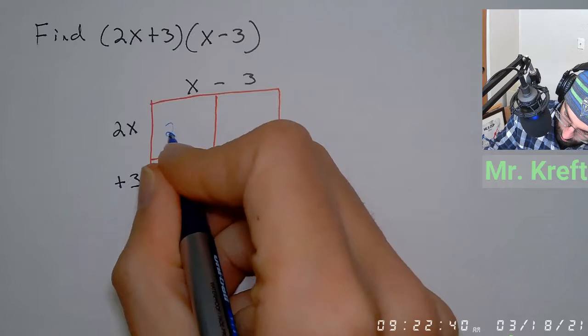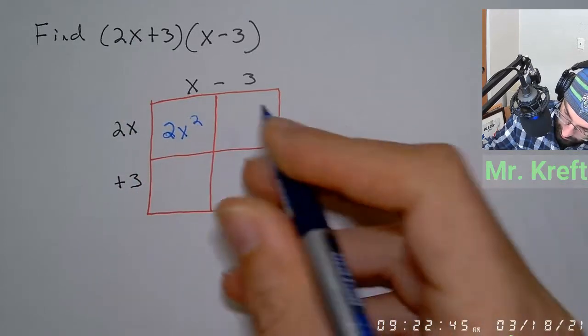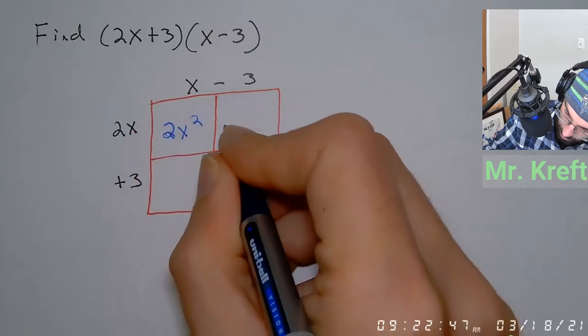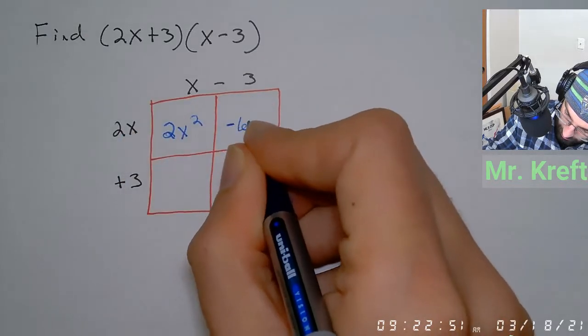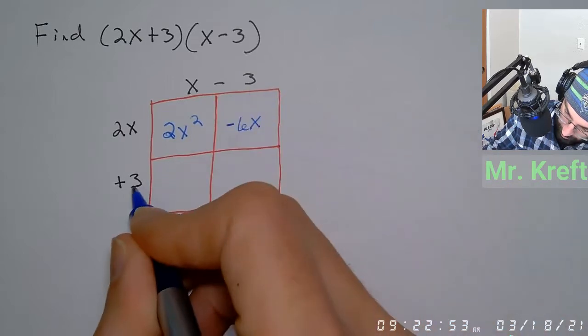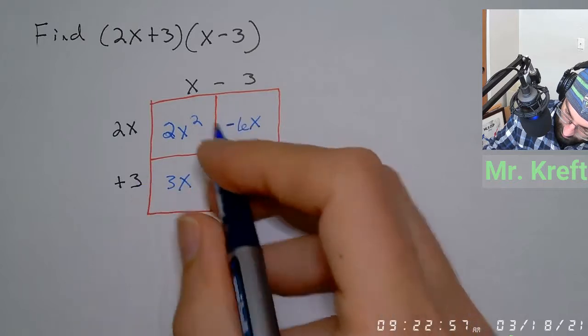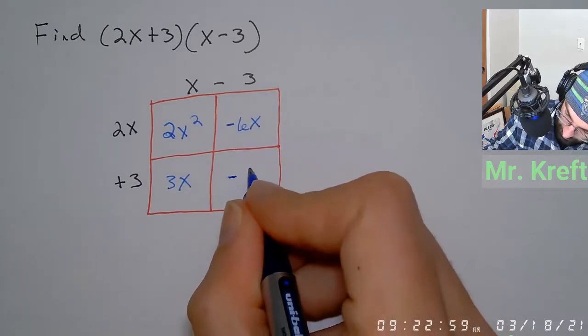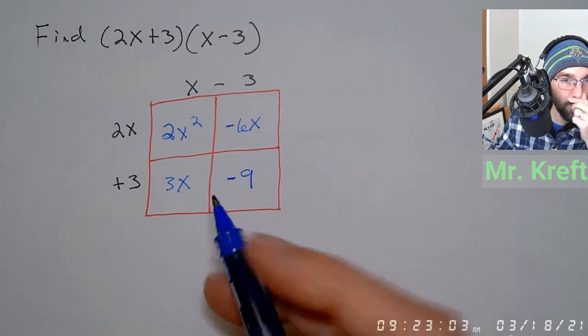So what are we going to get? 2x squared. Negative 3 times 2x is negative 6x. 3 times x is 3x. And then 3 times negative 3 is negative 9. And hopefully you guys see some patterns, right?